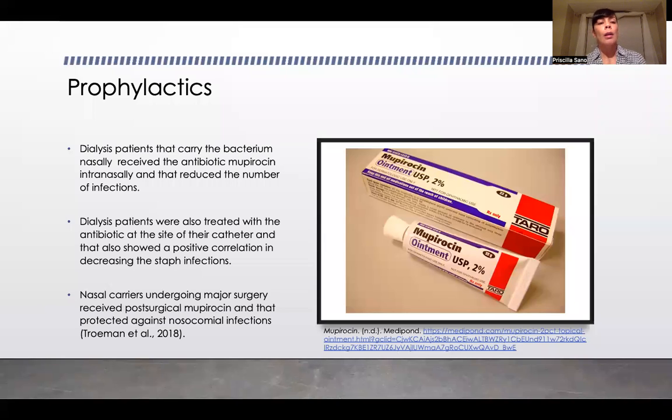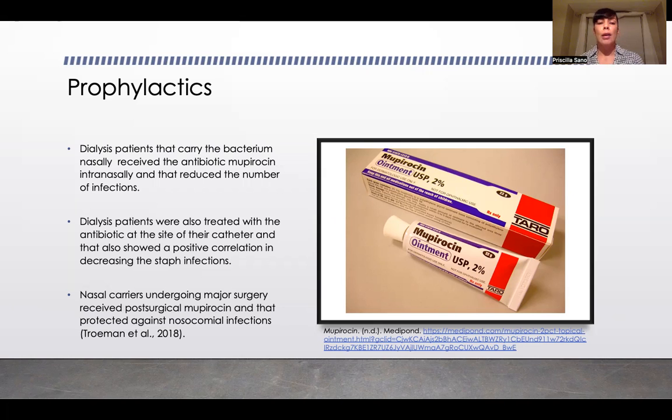Prophylactics. There have been various studies where certain types of patients have been treated with antibiotics post-surgically or because of other situations, and it's shown to actually reduce the number of Staph aureus infections overall. So here we're going to cover some examples.